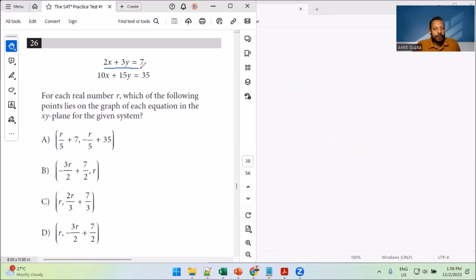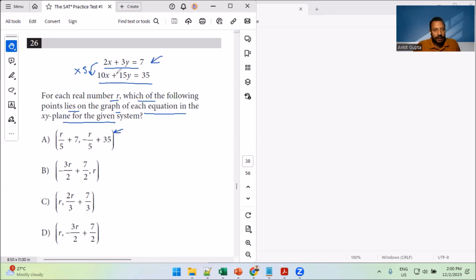2x plus 3y is equal to 7 and 10x plus 15y is equal to 35. If you look at the values, the second equation is nothing but the first equation multiplied by 5. So actually we have only one equation in this case. For each real number r, which of the following points lies on the graph of each equation in the xy plane for the given system? That means this should satisfy 2x plus 3y is equal to 7 for all values of r.